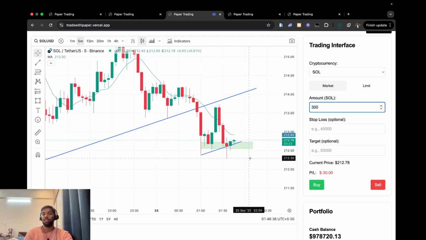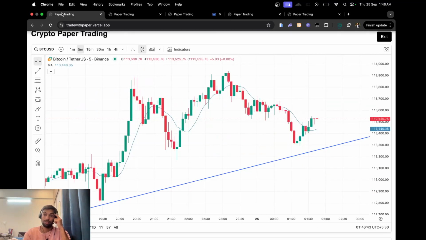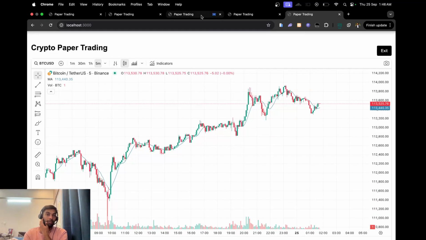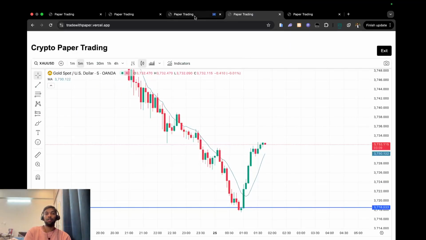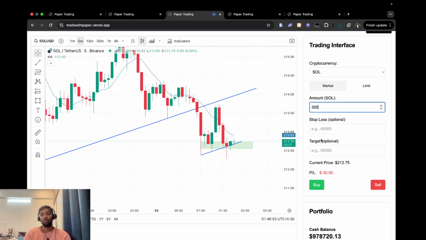Pretty much interested in selling. Just waiting for the right setup, because nothing is helping me, guys. You can just see gold is also not doing justice to us.